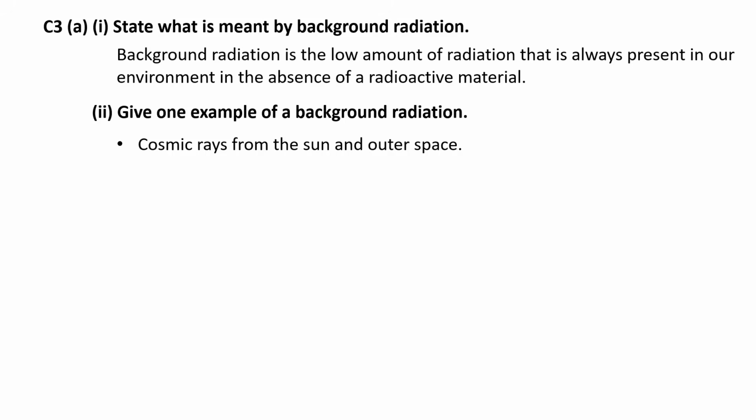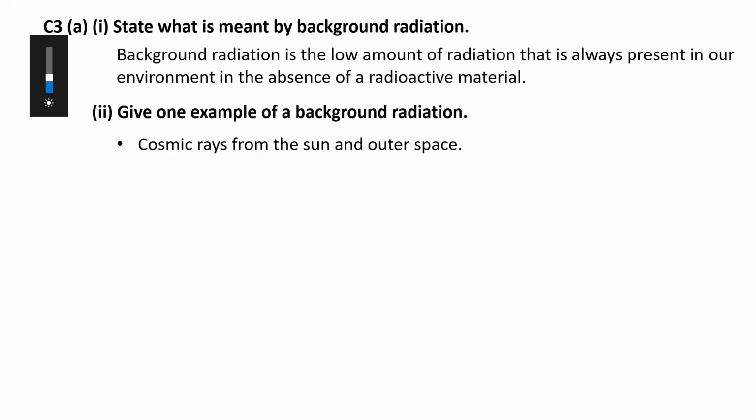So as I was saying, the sun releases rays which are known as cosmic rays, those that go out in space. Some of them come from other stars in the universe, and those contribute to what is known as background radiation.